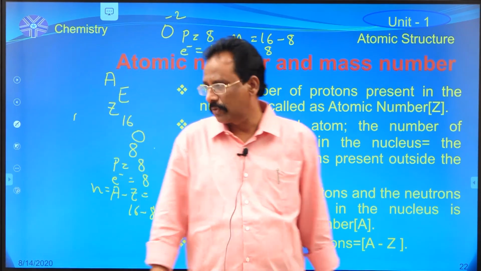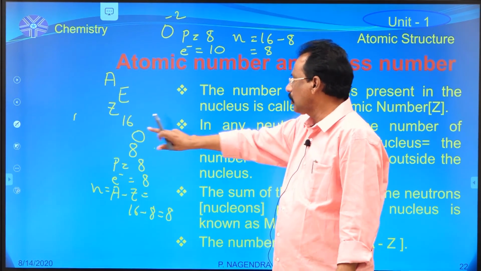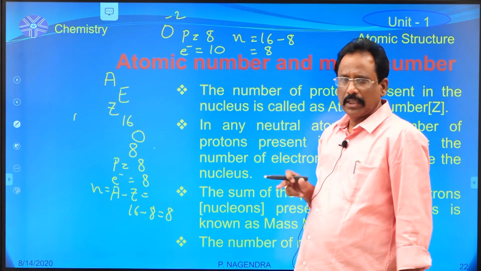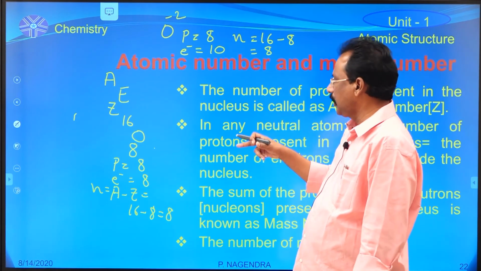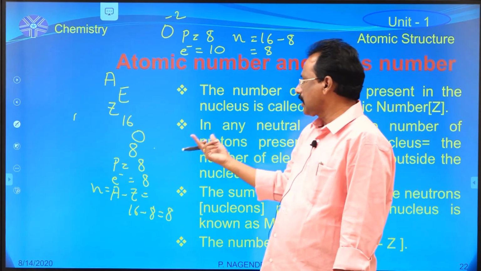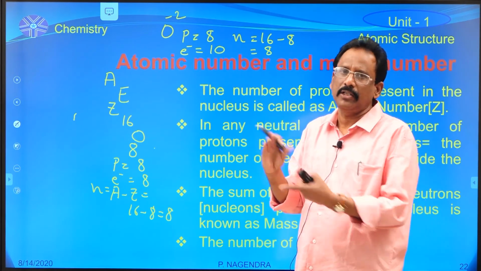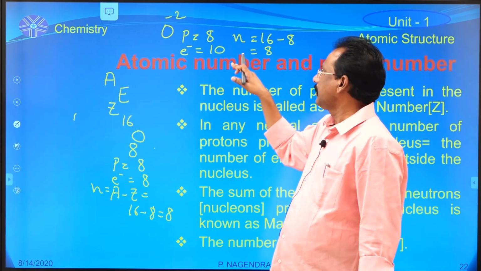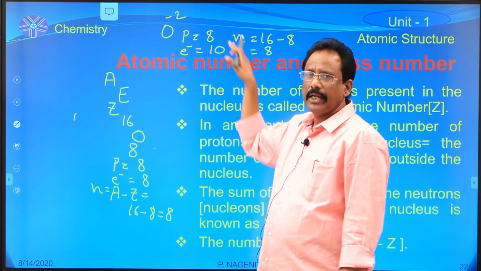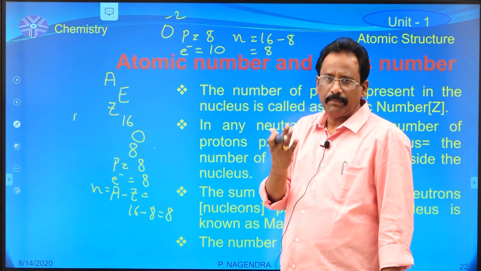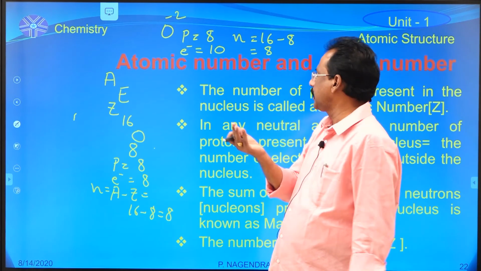The same number of neutrons are present in a neutral atom and in its ion also, because there is no change in the proton number in the case of the neutral atom and its ion. Ions means charged particles. Here the charged particle is the oxide ion. Oxygen accepts 2 electrons to attain stability.